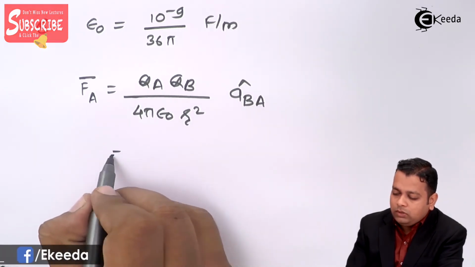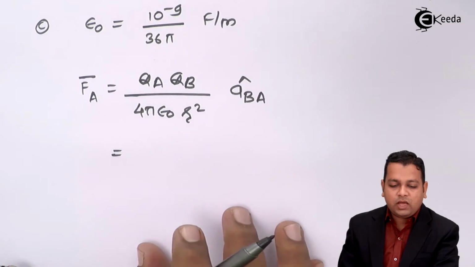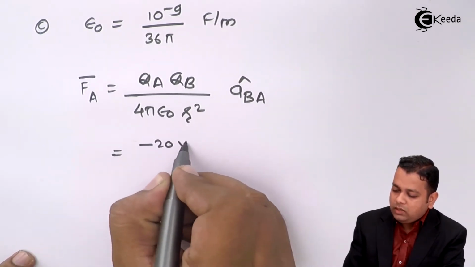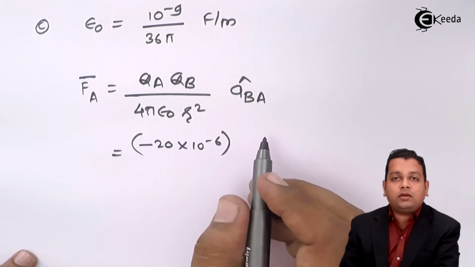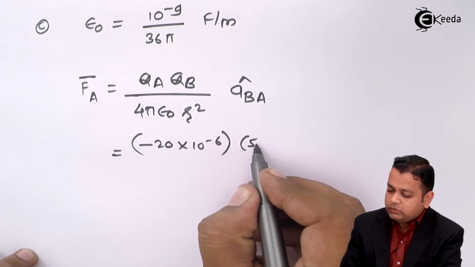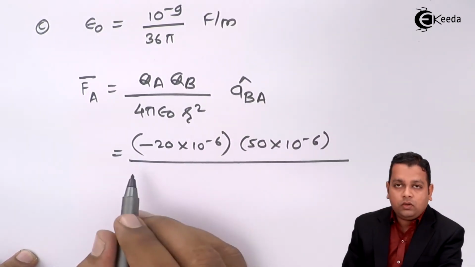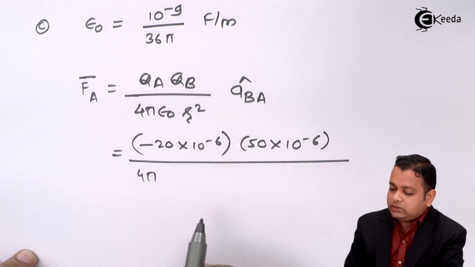So we solve it further. So here we make further substitutions. QA, it has magnitude minus 20 microcoulomb. So it is minus 20 into 10 raised to power minus 6. QB is having magnitude 50 microcoulomb. So this is 50 into 10 raised to power minus 6. In the denominator, we have 4 pi. Epsilon 0 value is given to us.